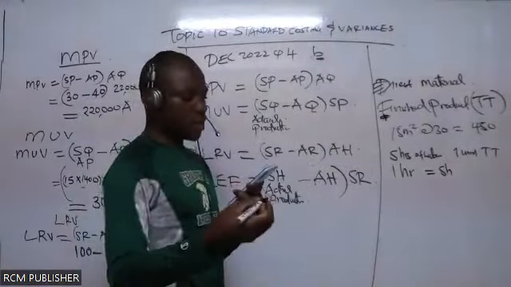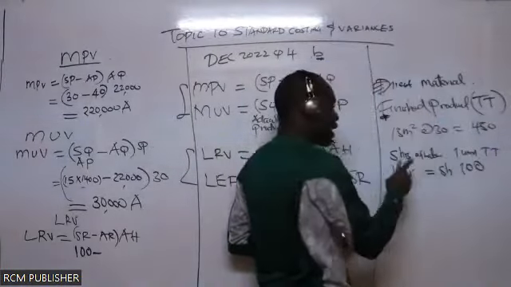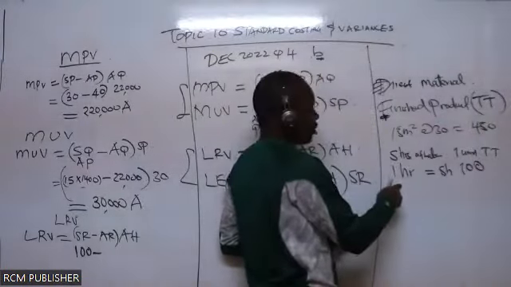And that's why, if you look at it very well, the standard cost card is going to indicate 500. We need 5 hours to produce 1 product of tea, but for 1 hour we are going to be charged 100. Therefore, the total amount you are going to pay to produce a finished unit of tea is 500 as per the standard. So the labor rate per hour, 1 hour is equal to this.